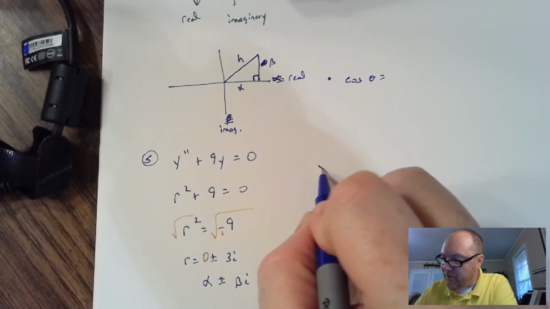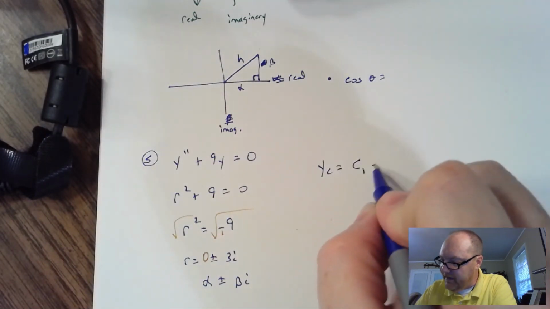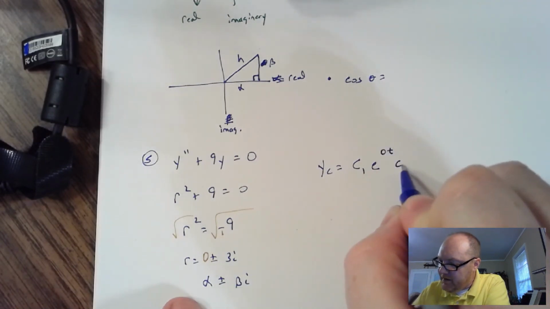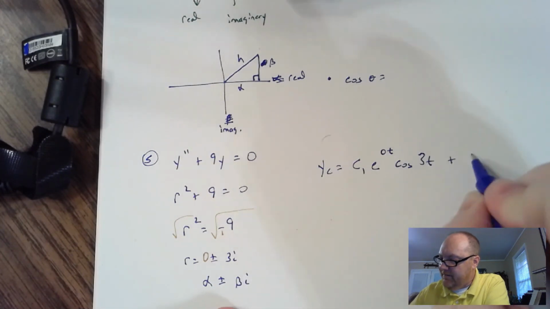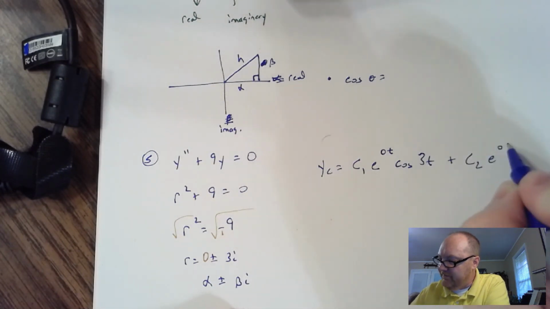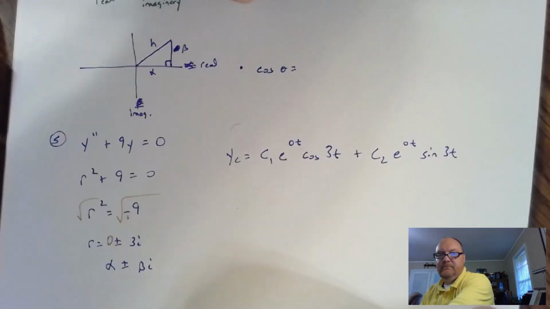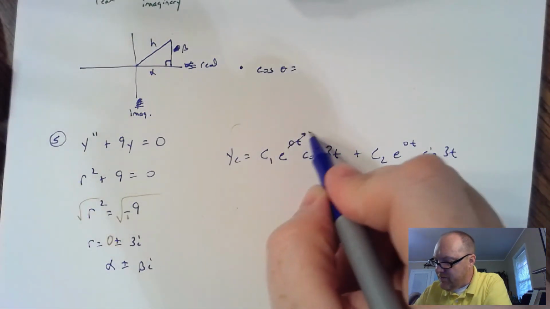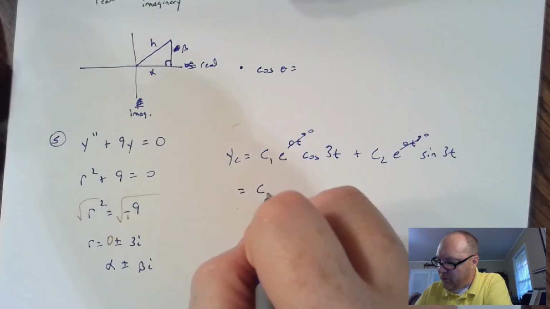So here we go. The solution is going to be some constant e to the 0t cosine of beta t plus some other constant e to the 0t times the sine of beta t. And you already know that 0 times t is 0, and e to the 0 is nothing more than 1.